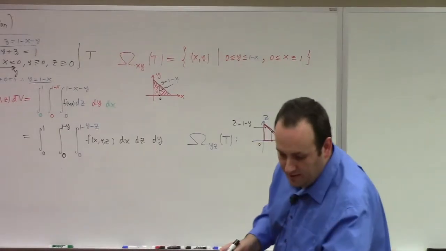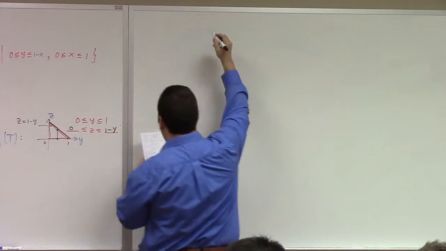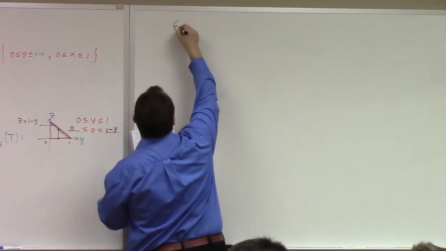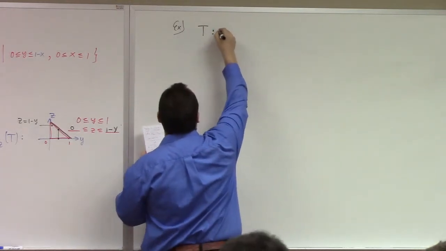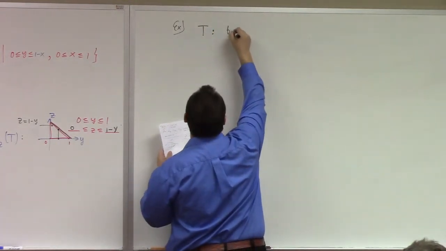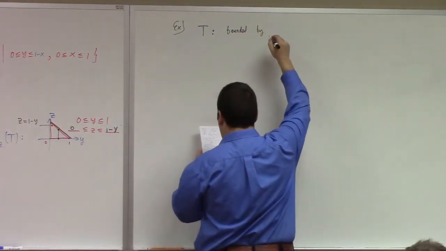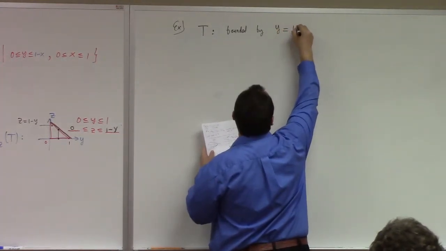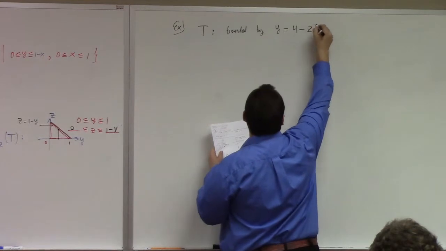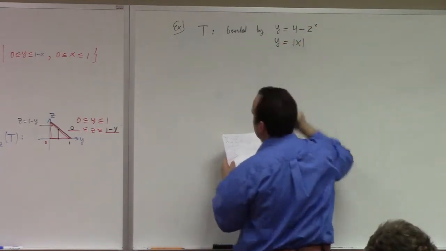Tell you what, let me work another problem that is considerably more difficult than this one, and then we're going to move on, all right? So here, I'm going to let T be the shape which is bounded by y is equal to 4 minus z squared, and y is equal to the absolute value of x.